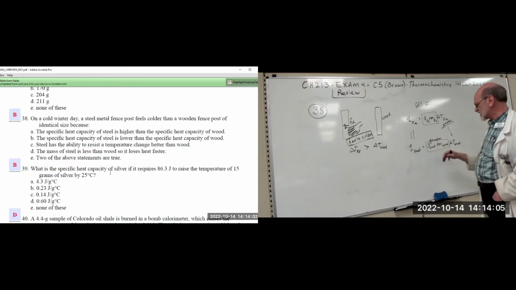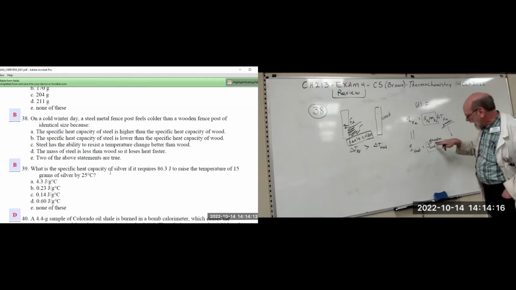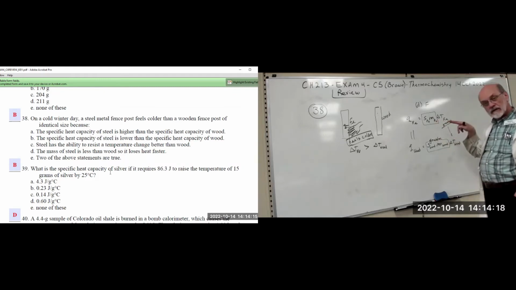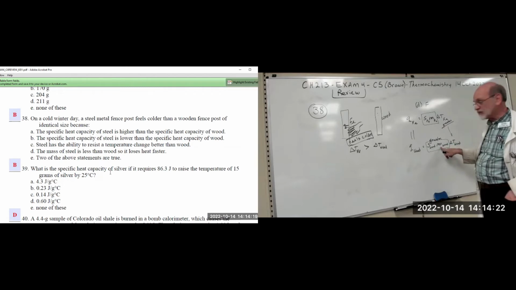In order for these to be the same, as this one goes down, this one has to go up. This one has to be greater if that one's greater. So if we know now that this one's greater than that one, why is it greater? Well, the mass of the wood is much, much less than the mass of the iron.